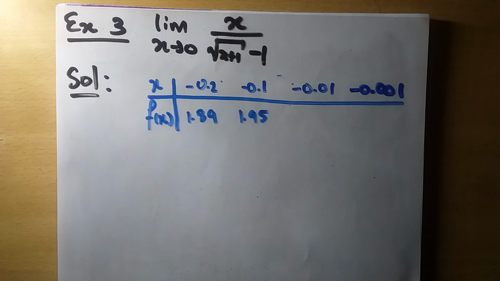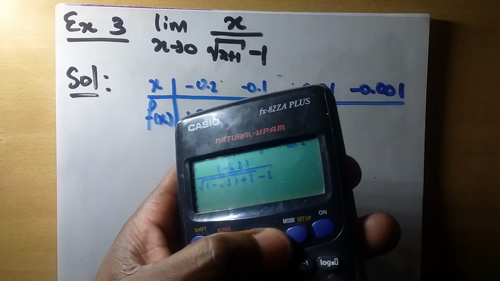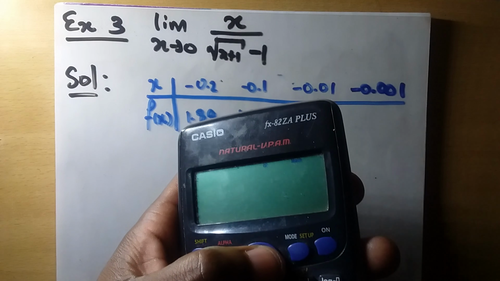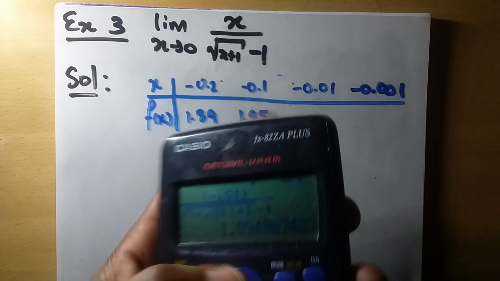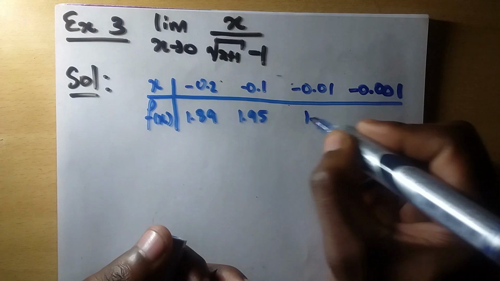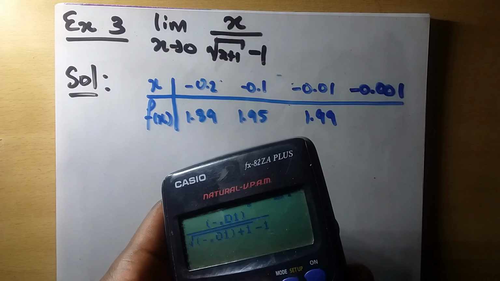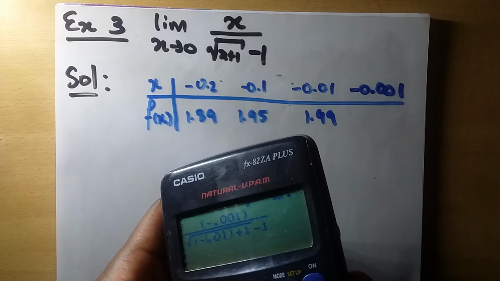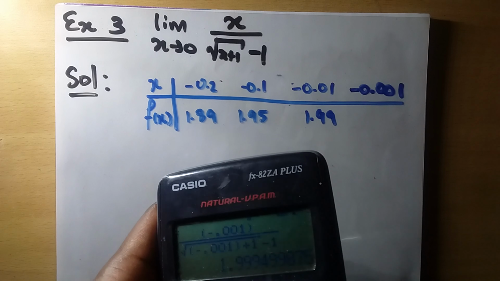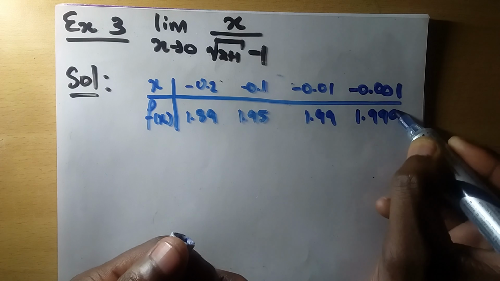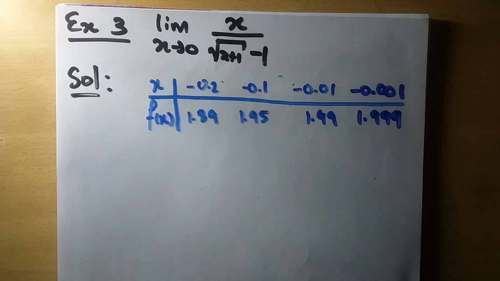Let us look at negative 0.01, 1.99. Wow, 1.99. Let us look at negative 0.001, 1.999. Okay, so we see that as we put this into two decimal places, it's going to be equal to 2.